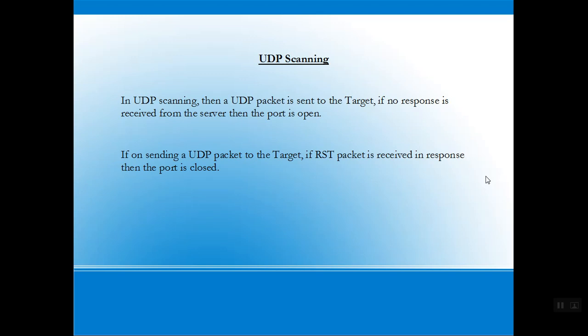Now the last scanning method which we would be discussing here is UDP scanning. In UDP scanning, a UDP packet is sent to the target server. Again, if we are getting no response from the server, then we can say that the port is open. And if we get a RST packet from the server, then the port is closed.